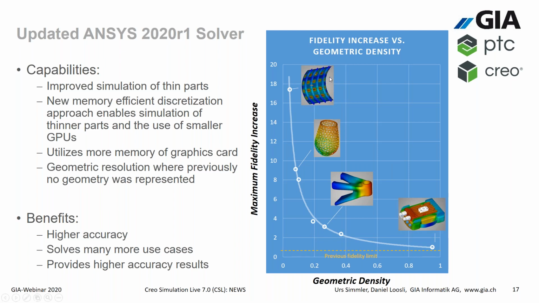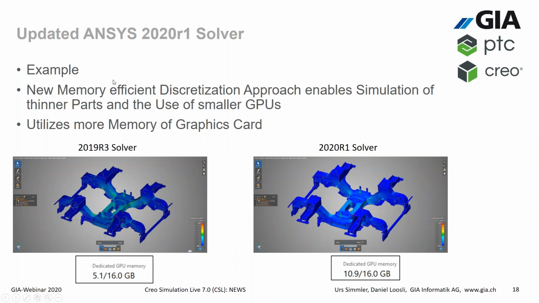But as soon as the part was thin, like a sheet metal part, then you needed a very, very good graphic card to fill this part, because the bounding box was filled with voxels, and therefore it was not that easy to analyze thin parts. That changed now because they improved the old solver.